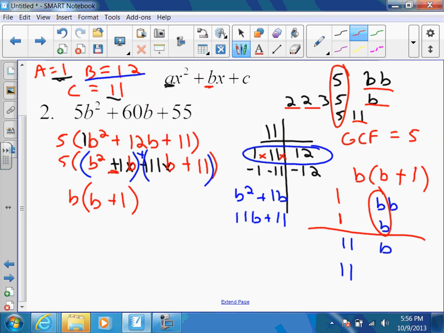11's in common in the bottom. So 11's the GCF. Top row b. Plus, what's left down here? Oh, that's right, we need to put that extra 1. And have b plus 1.